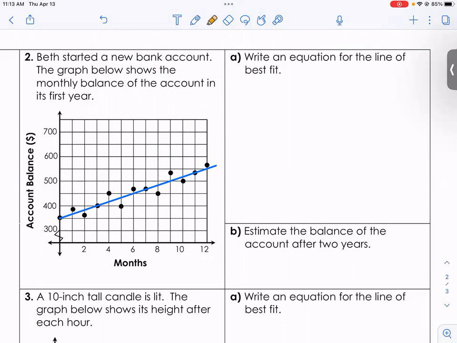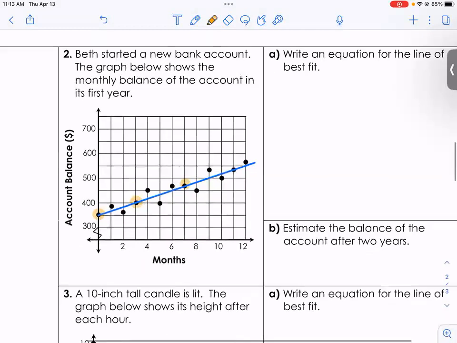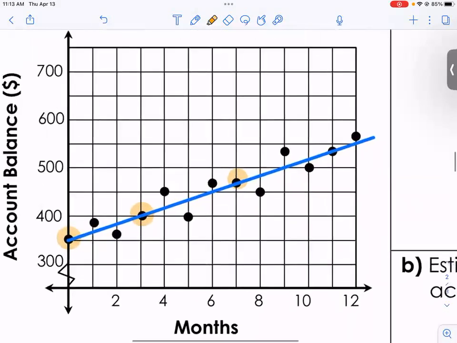So it looks like I am here, here, and here. Is that better, Jada?